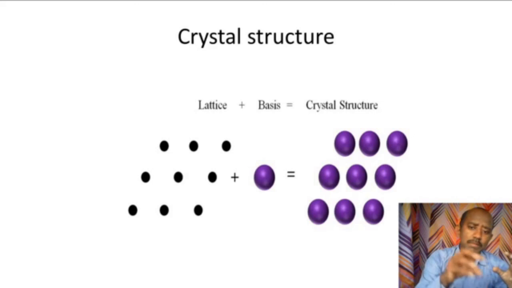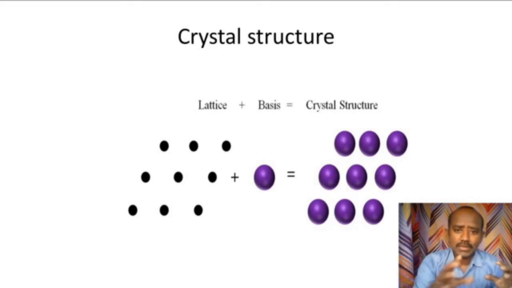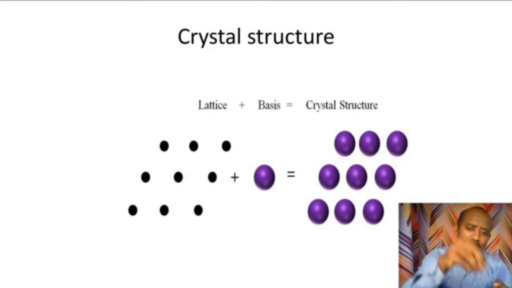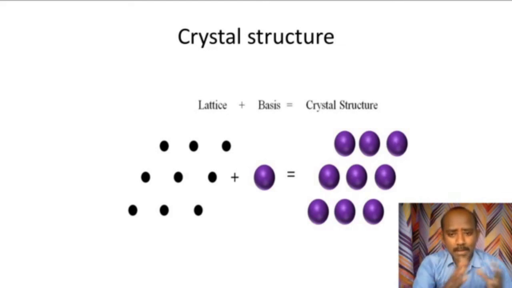In all the positions they occupy the sodium atom only. Then it forms a crystal structure. The crystal structure is the sum of the lattice and the basis. The lattice is just an imaginary point, and the basis is the atoms, molecules, or ions associated with the lattice point. Combining these two, we get the crystal structure.